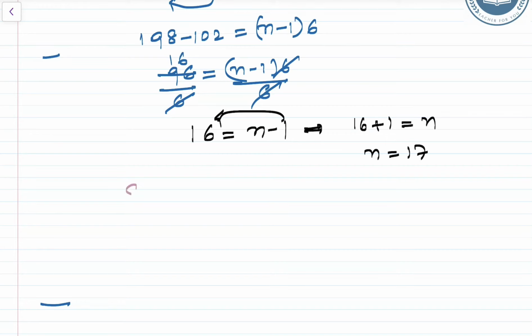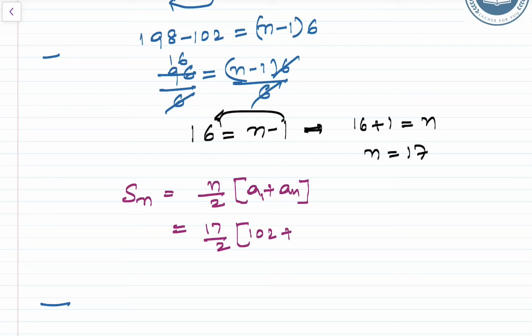To find the sum, the formula is Sn equal to n upon 2 times (a plus l), where a is the first term a1 and l is the last term, that is an. Instead of l you can write an. So a1 plus an. Now the n value you already got is 17 upon 2, a1 is 102, plus an is 198.